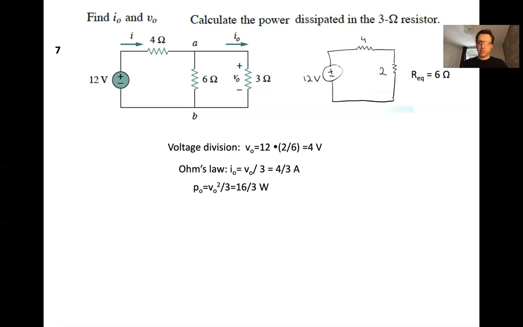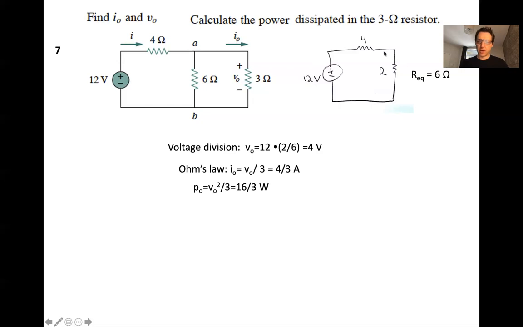So before I move on, I want to be sensitive to the fact that you do not have the ability to ask me a question. I think oftentimes people get confused as to what happens here. This 2 ohm resistor is really representing these two resistors that are in parallel. A trick that is often used is we combine resistors, we find their equivalent resistance to get a voltage or a current, and then we can expand the circuit back out to figure out, for example, the value of I naught.